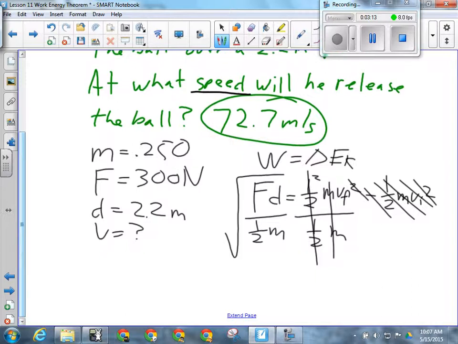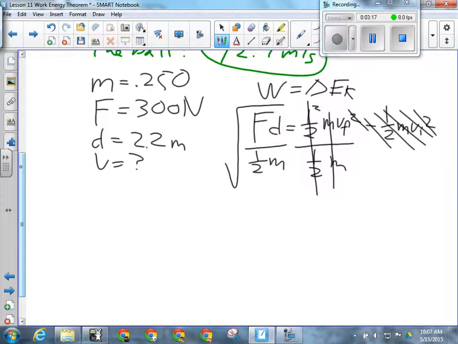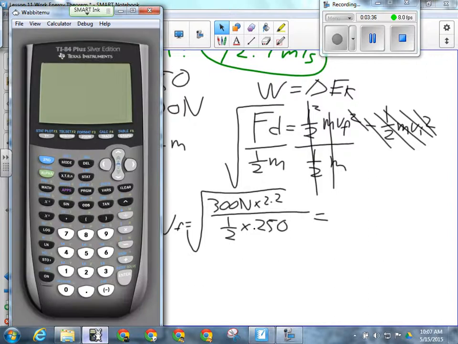Now I can plug in my numbers and find out what my final speed is going to be. So vf is going to equal the square root of 300 newtons, the force he exerted on the ball, multiplied by the distance over which he exerted it, divided by half of the ball's mass. And then all of that square rooted.